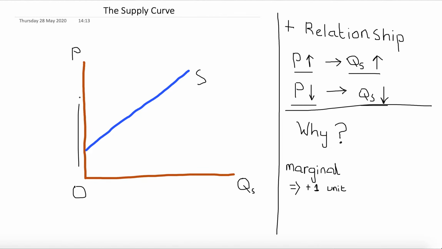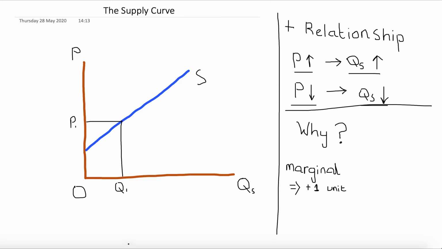So as the price goes up, as we move away from our origin on the price axis or the y-axis, we also move away from our origin on the x-axis or the quantity supplied axis. Okay, and we can draw that here. So if we start off here, P1, and we do the same thing we did with our demand curve, where we come across, we hit the supply curve, and then we come down, and you'll see that this is our quantity supplied.